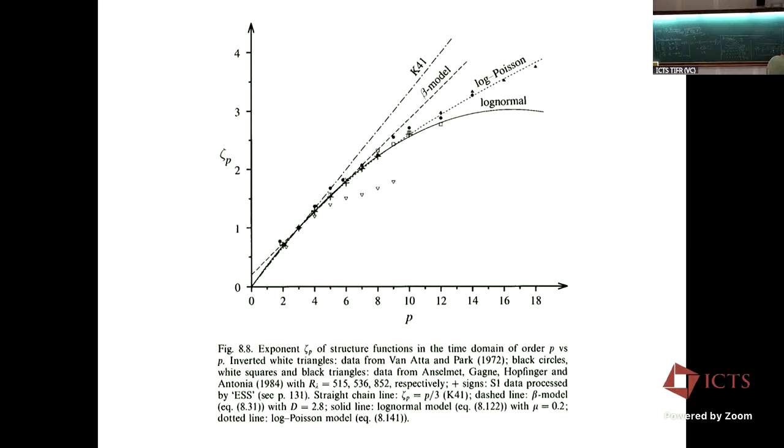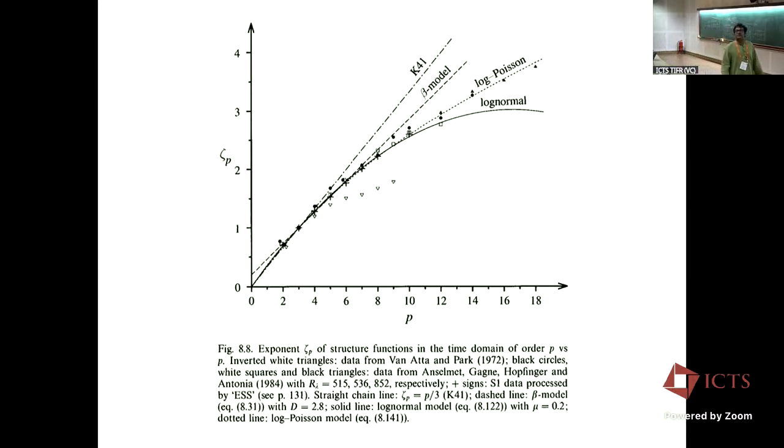If you take D to be 2.8, this was in the 80s when people started worrying about this problem, here is a line that you see right there. And that line is this function, but where D was taken to be 2.8. And as I mentioned in the previous class, up to around this range of values, it does seem to do a reasonable job.